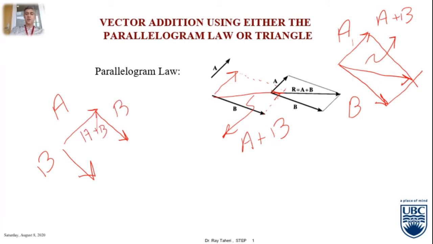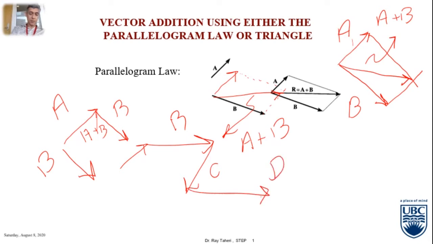What if you have 3 or 4? Then the same thing. This is A, then this is B, and this is C, and this is D. Let me make one more, E. From the end of each you make the next one, and then the beginning of the first to the end of the last, which is this, is the result of all these vectors.